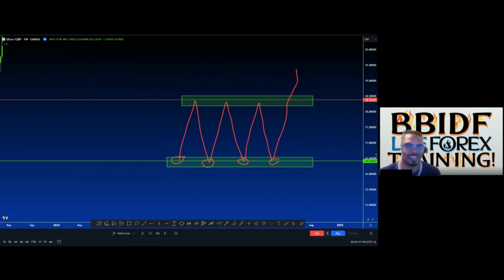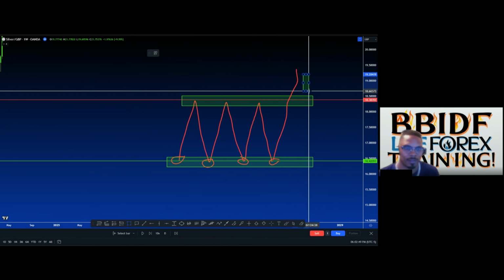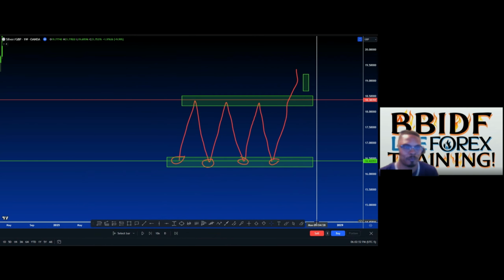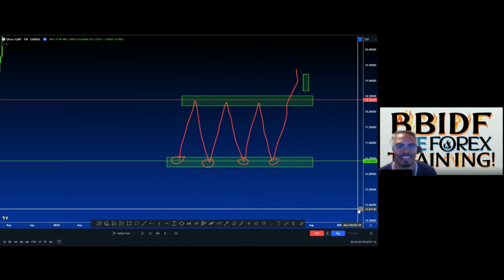I know I got just a line, but again, let's just put a candle. Where is the candle in relation to your zone? It's above the zone.